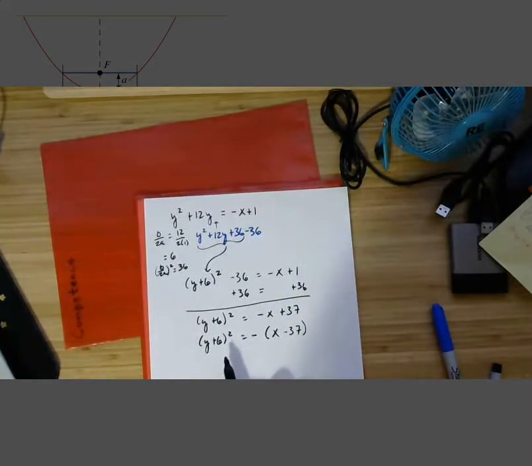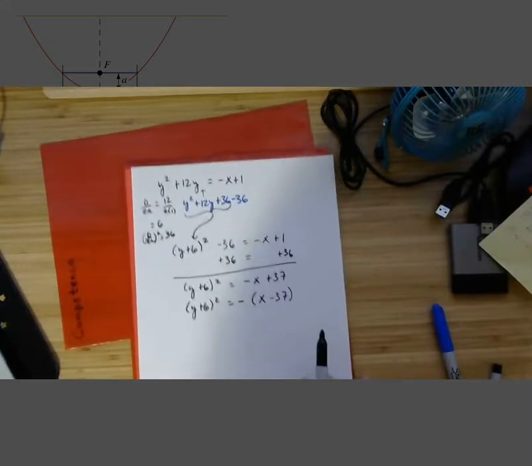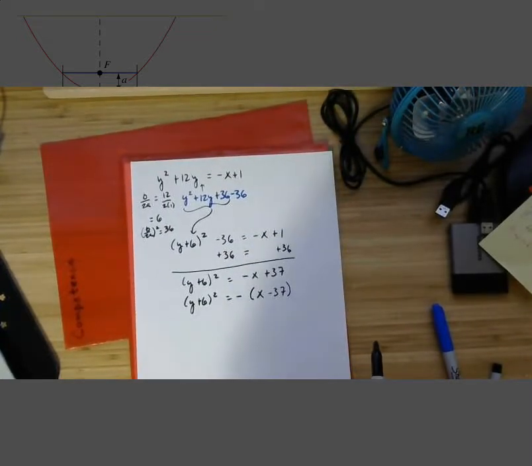Now, when you look at an equation like this, if you have y squared, it cannot be opening up and down because up and down is x squared. Y equals x squared opens up, y equals negative x squared opens down. So if I have y squared instead of x squared, this must open left or right.